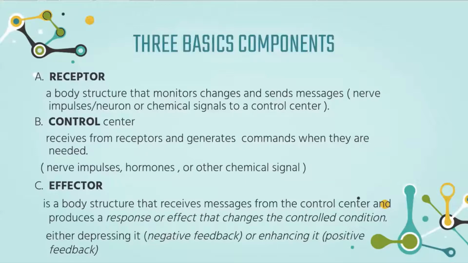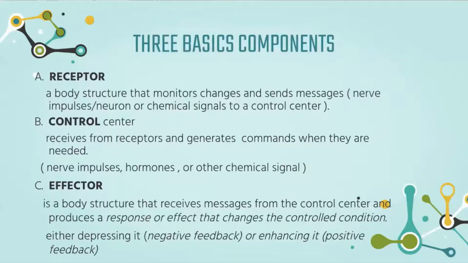Lastly, we will be talking about the effector, which is any organ or tissue that receives information from the control center and acts to bring about the changes needed to maintain homeostasis. One example is the kidney, which retains water if blood pressure is too low.